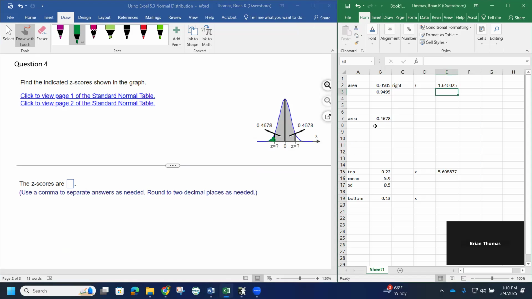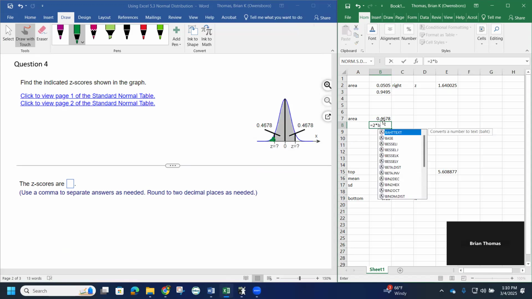So I can come down here and go equals 2 times B7. If we do 2 times B7, that should double it for us.